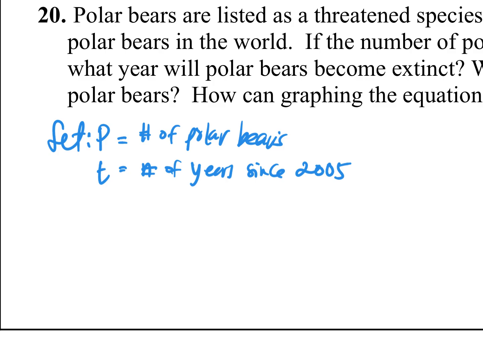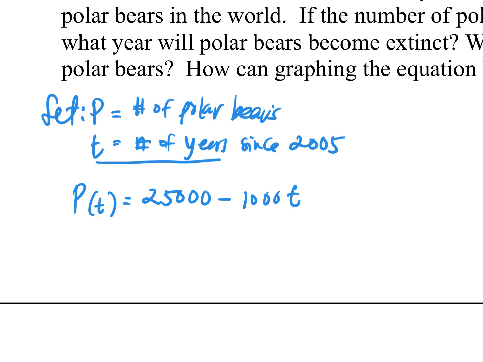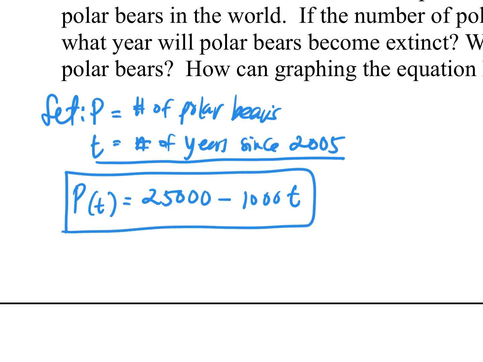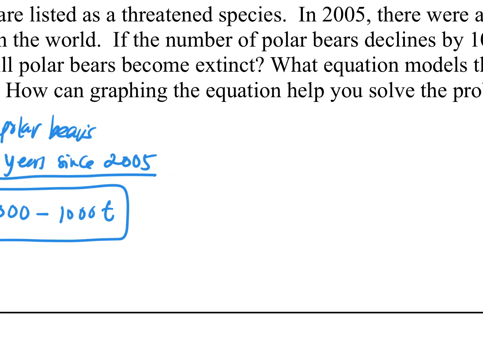Each year the population declines by 1,000. So in this case we can model the number of polar bears with P of t is equal to 25,000 minus 1,000 multiplied by t. Remember, the t in here is the number of years since 2005. So we are using a linear equation to model this problem.